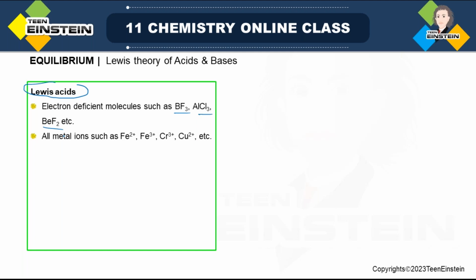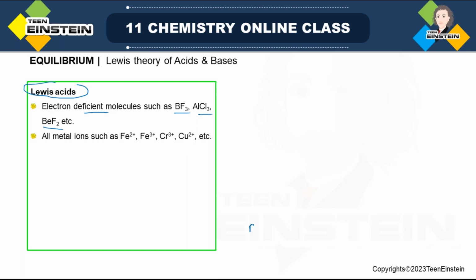There is no H. So we should not call them acid according to Bronsted, also Arrhenius basically. But when you consider Lewis theory, this molecule can be treated as an electron deficient acid. Why? Because it is electron deficient, and as it is electron deficient, an electron pair can be accepted by them.